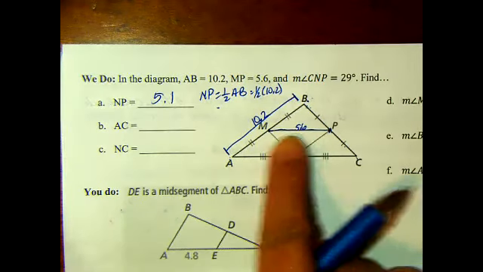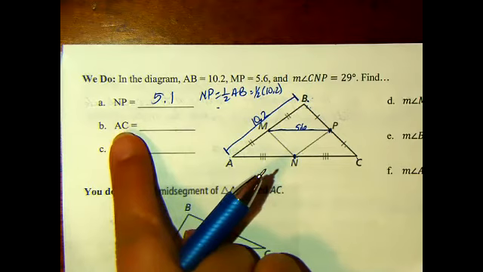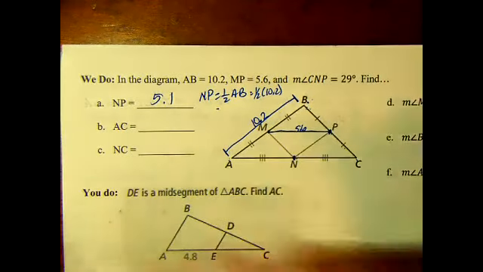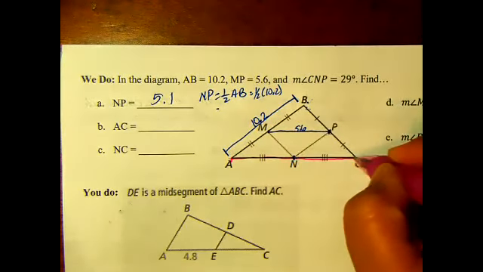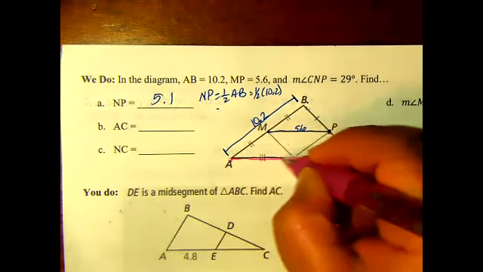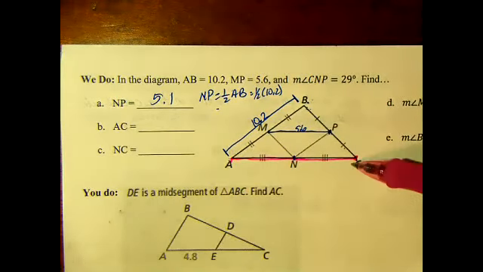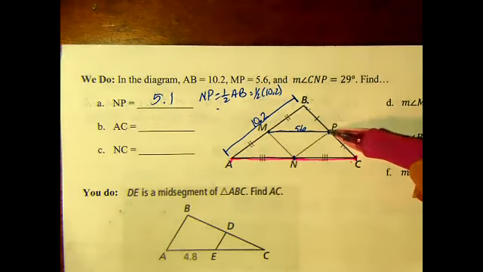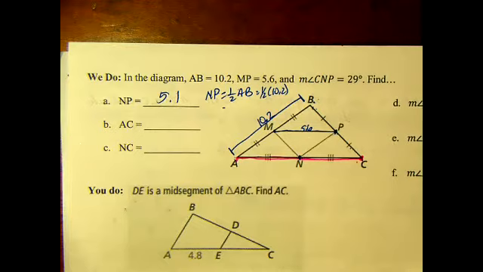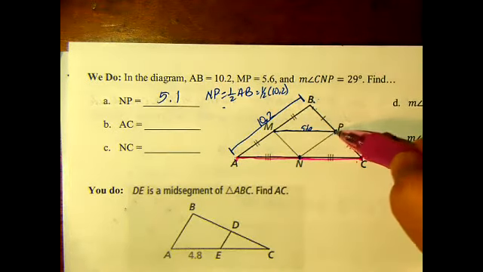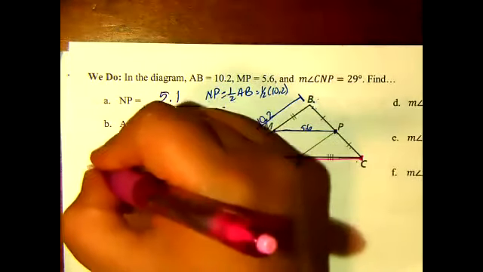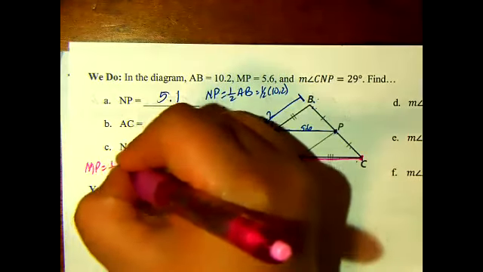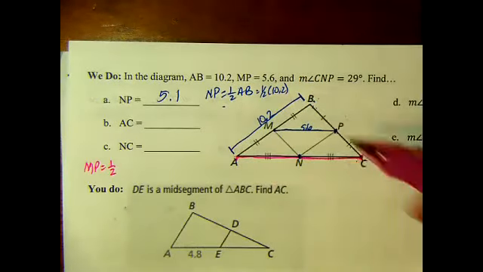So next we have AC. What is AC? Well, let's see. AC is from here to here. That's AC. AC's midsegment is MP. I know that MP is 5.6. Since MP is the midsegment for AC, I know that MP is equal to half of the third side, which is AC.